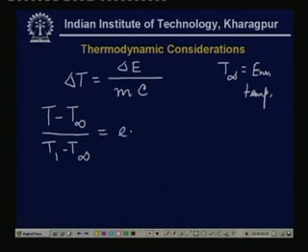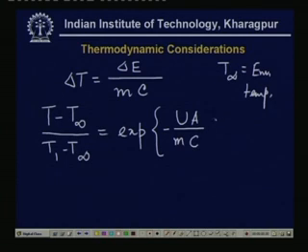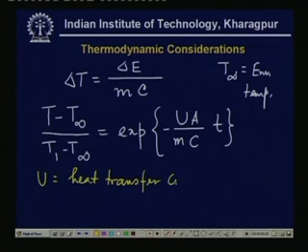is equal to the exponential of minus U times A divided by m C times t, where U is the heat transfer coefficient, A is the area of the body where the heat transfer takes place, t is the time, m is the usual mass, and C is the specific heat.